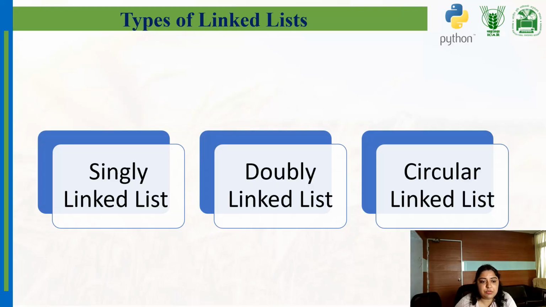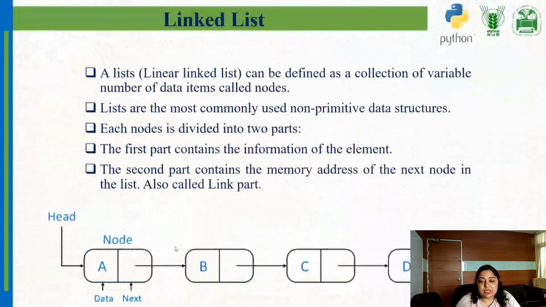Means on every node we are having the address of the previous node as well as the address of the next node. Next we are having circular linked list. In a circular linked list, in place of the null address in the last node, we are having the address of the first node. Means the last node will be connected with the first node.